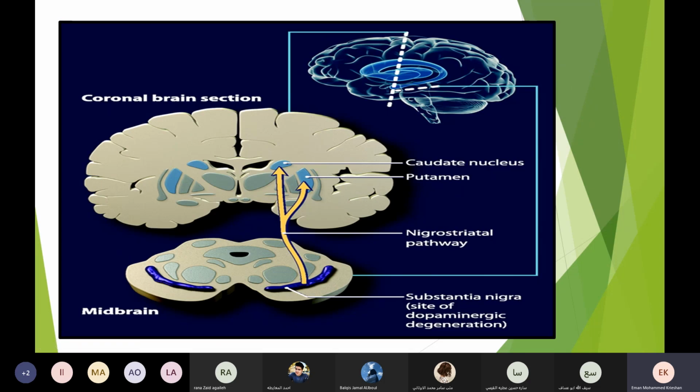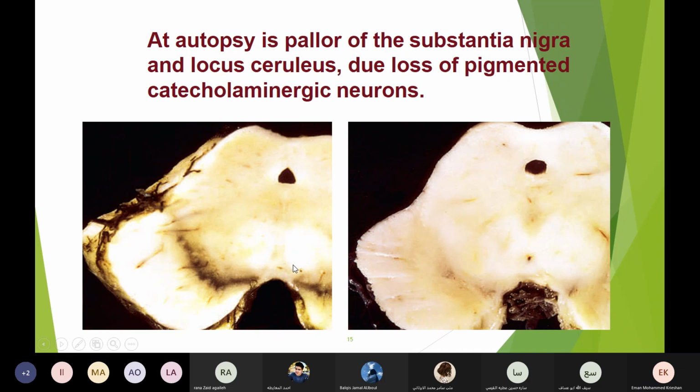So what is the abnormality in Parkinson disease? This is the substantia nigra. So in Parkinson, there is loss of dopaminergic neurons in the substantia nigra in the midbrain, okay? This is an autopsy of a patient with Parkinson disease. So this is the substantia nigra. Usually it's black in color, okay?